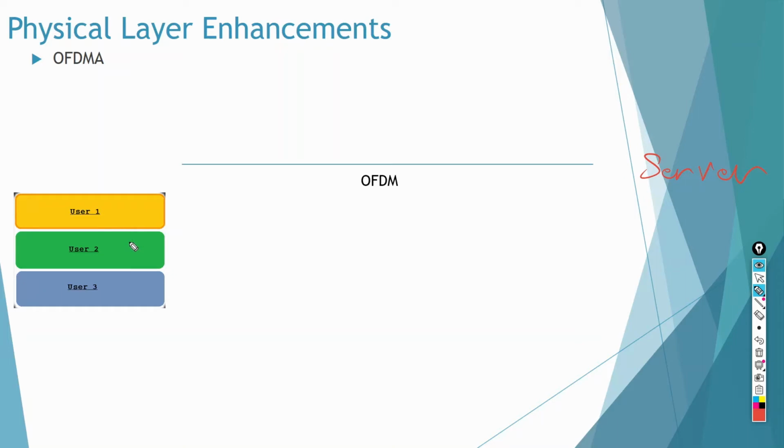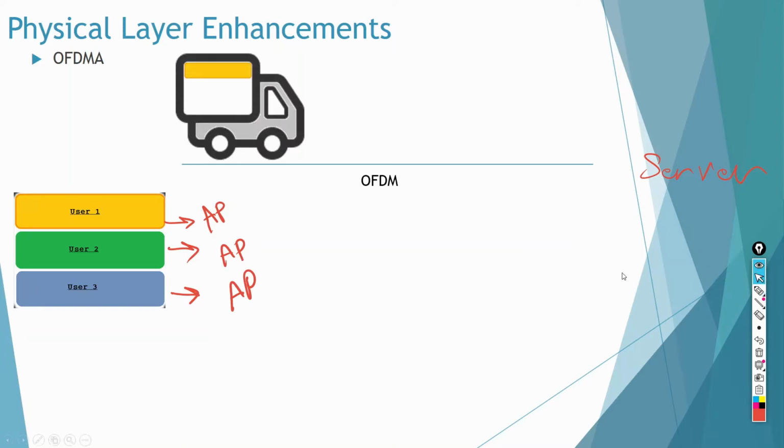If I want them to transmit at the same time, previously the only solution was to have one access point per client so that they can transmit uplink at the same time. Or we can follow this approach. For example, we can have user 1, and let's imagine the truck as the frequency spectrum on which we actually send our data.